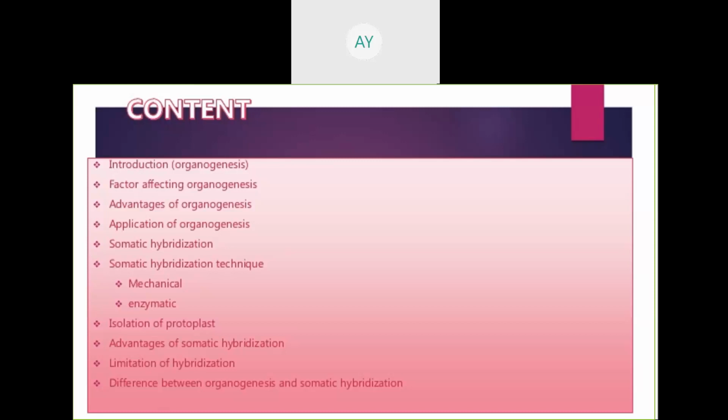That is known as organogenesis. It was first reported by scientists Skoog and C.O. Miller. So in 1957, C.O. Miller observed the formation of a stem in the presence of cytokinin.